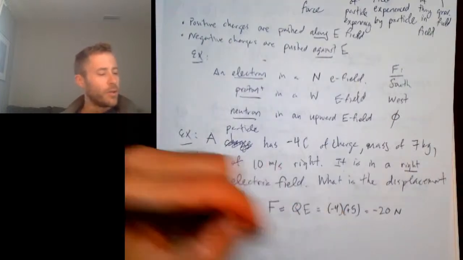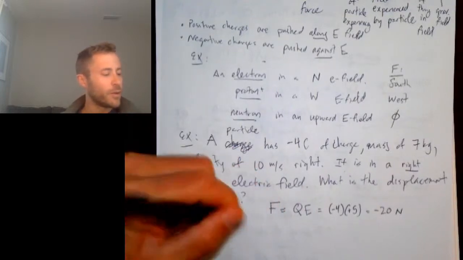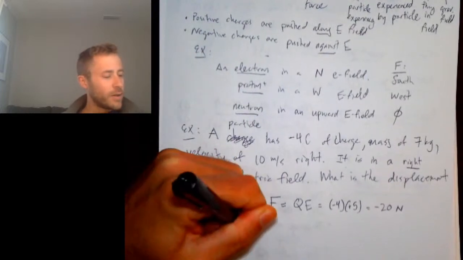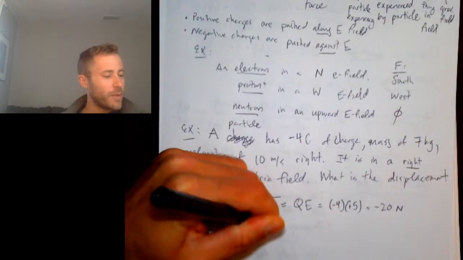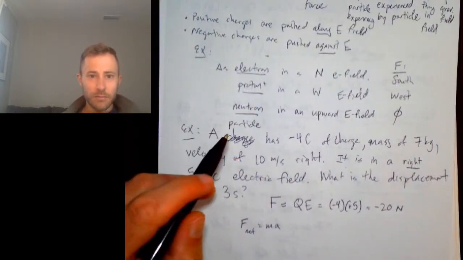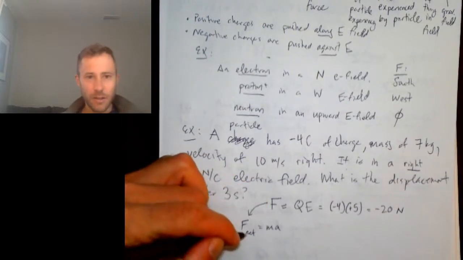Now, let's assume that this is the only force acting on the particle. So now we go to Newton's second law. Net force equals ma, and once again, assuming that this is the only force, that is indeed the net force.